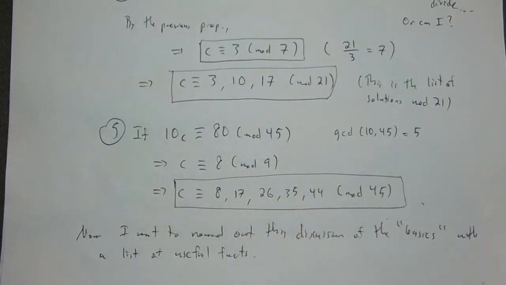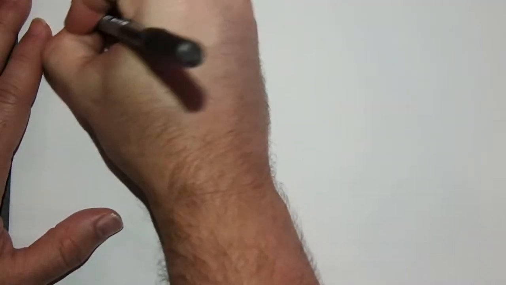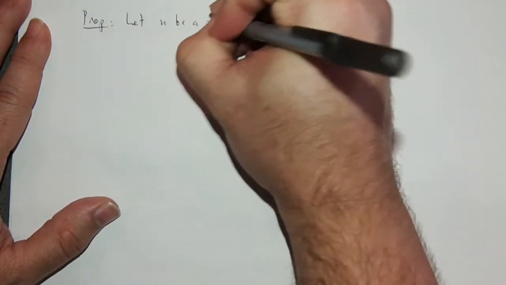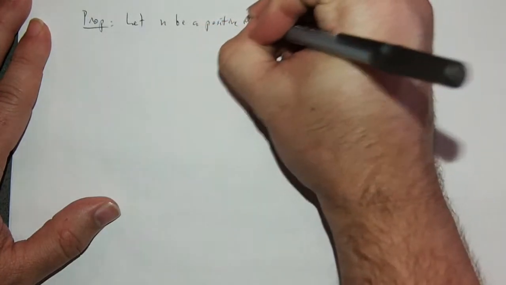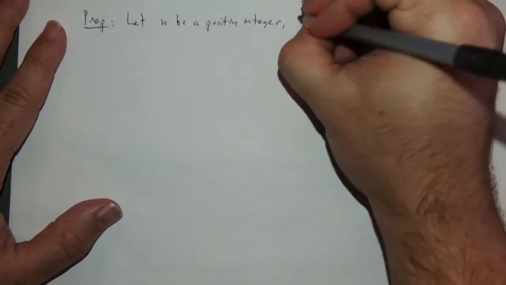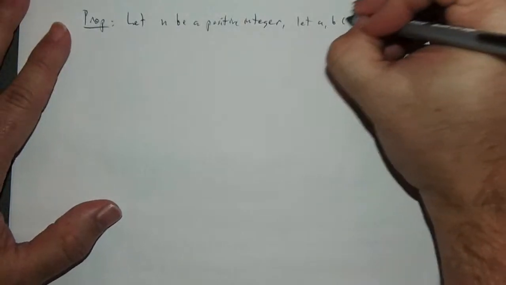So this is a list of useful things that you can use, like 3 things you can use to do further computations with congruences. So here we go. So let this following proposition. So let n be a positive integer. Let a and b be integers.